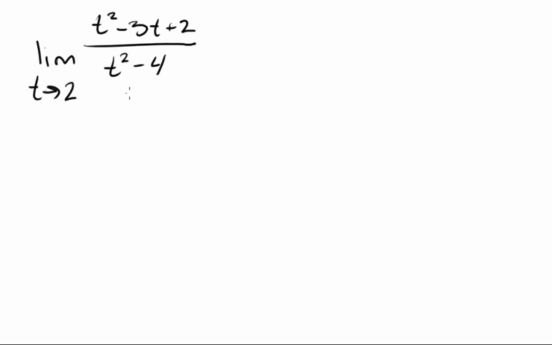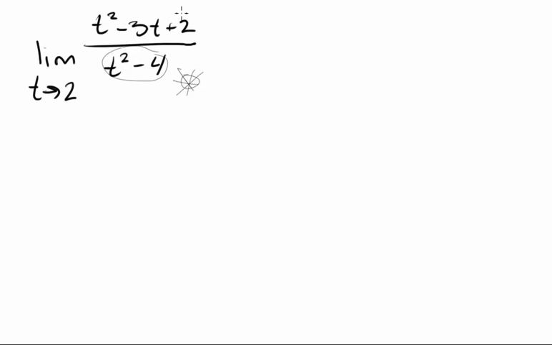Just like we've done before, let's try substitution first. If I plug 2 into the numerator and the denominator, it doesn't really matter what the numerator is, because if we plug it into the denominator we get 2 squared minus 4. 2 squared is 4, so we get 4 minus 4, so our denominator is 0, which we cannot have.